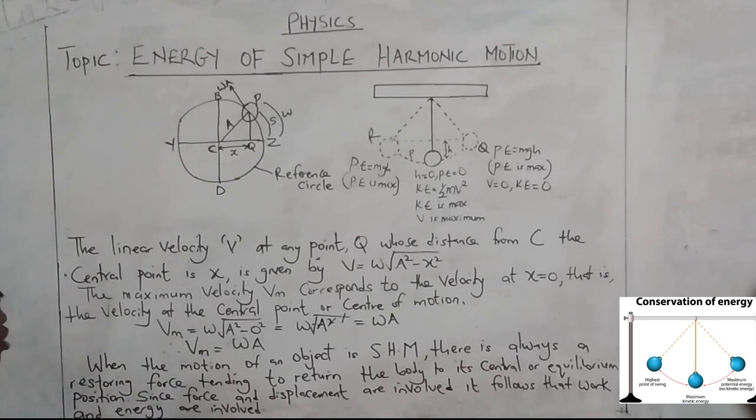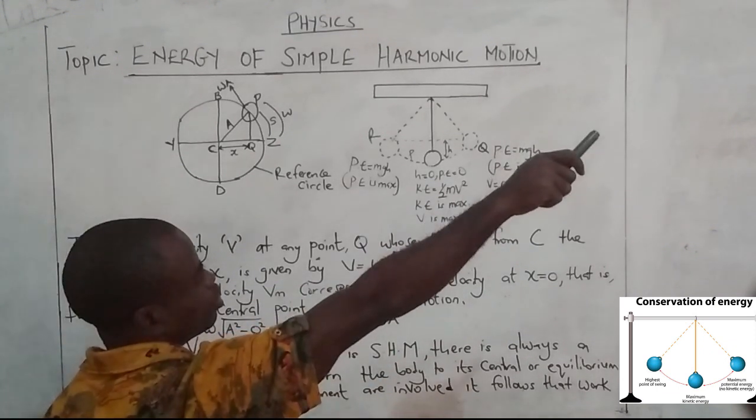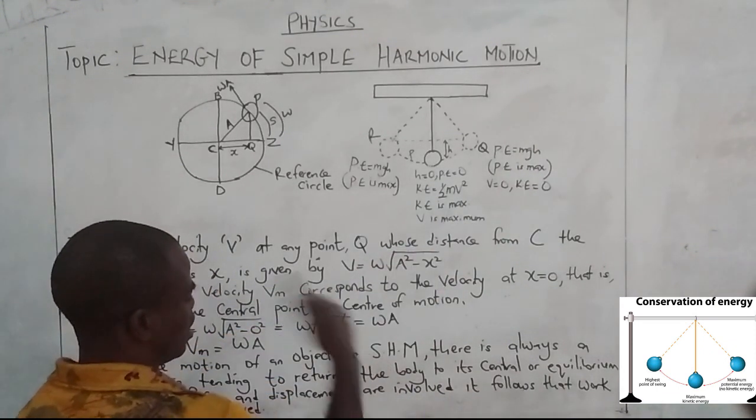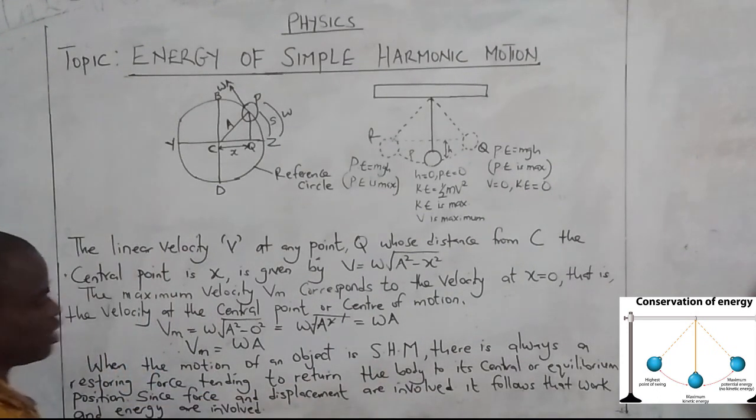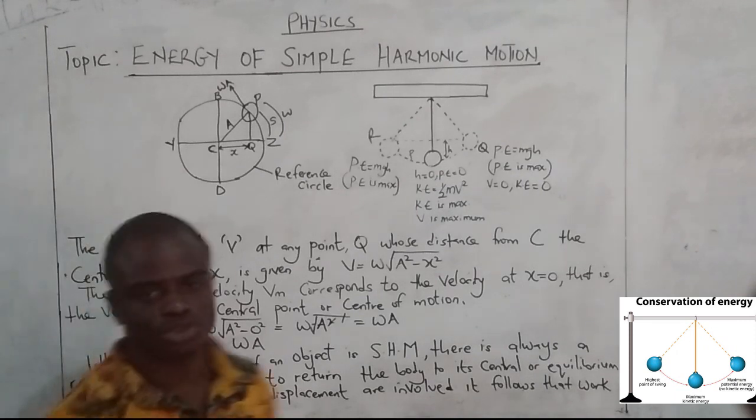When there's work, energy will be involved. Force will move the object toward the right or toward the left, and there's a displacement of the object. Due to that, work and energy are involved in the motion.